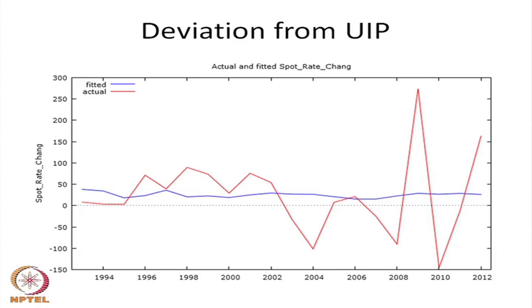So between FI inflow, the BSE index return and the spot exchange rate, some kind of relationship may be there. Let us find whether the relation is valid in the case of India, and whether you can modify the covered and uncovered interest hypotheses through the BSE return index. Let us do some analysis in this area.